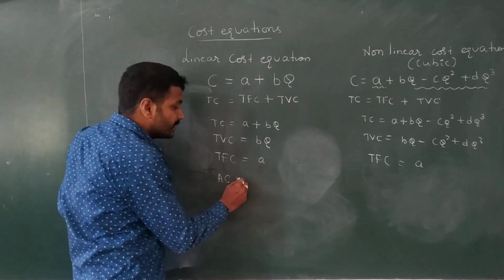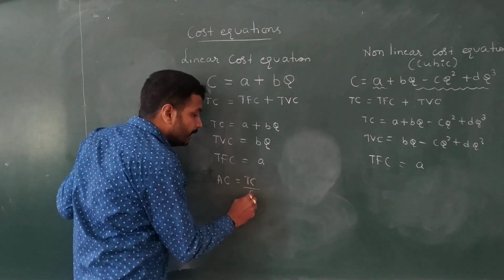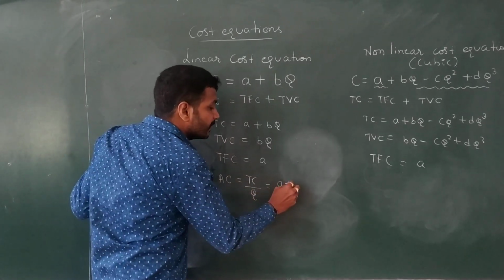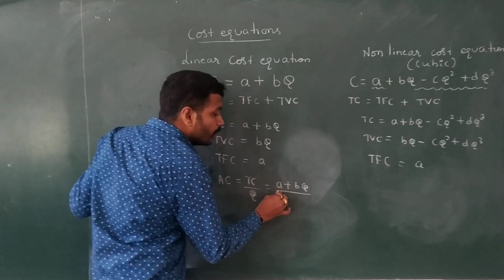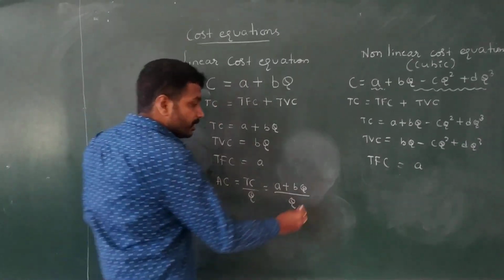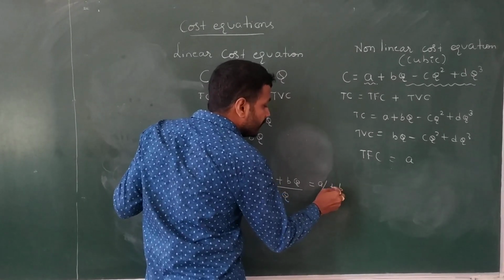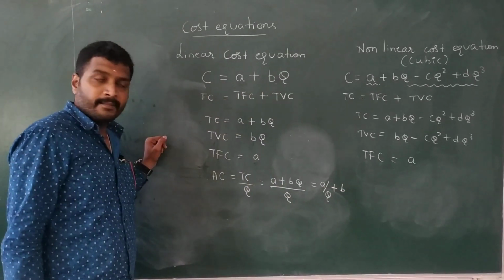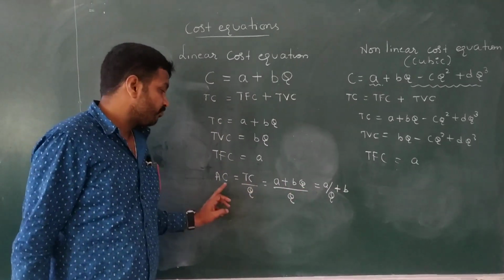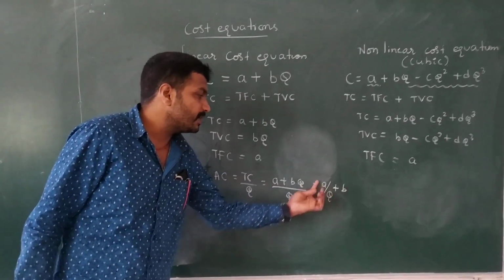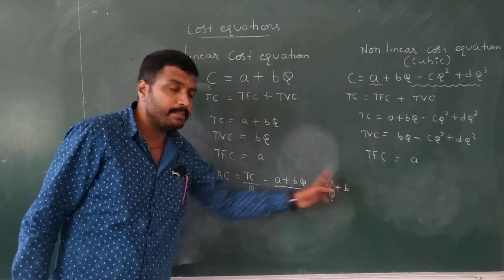We know AC is nothing but TC by Q. TC is A plus BQ by Q, such that it becomes A by Q plus B. The expression for AC used to be A by Q plus B.